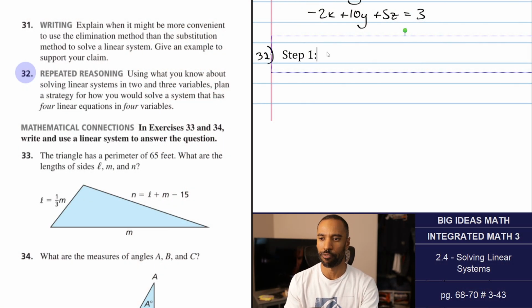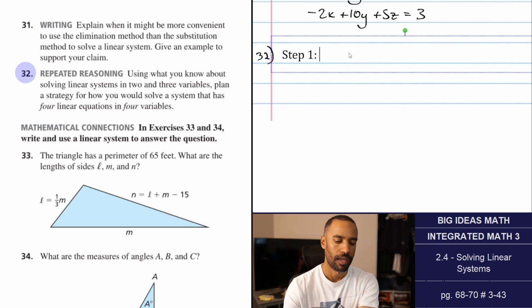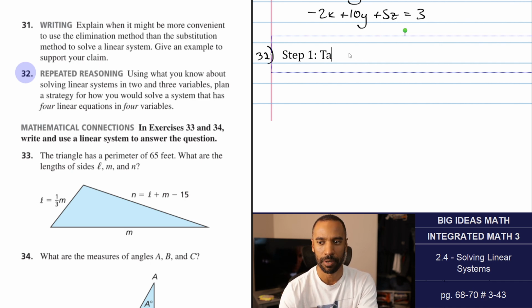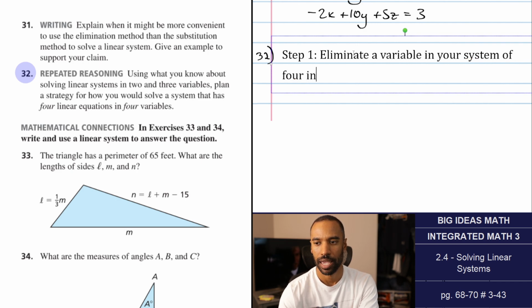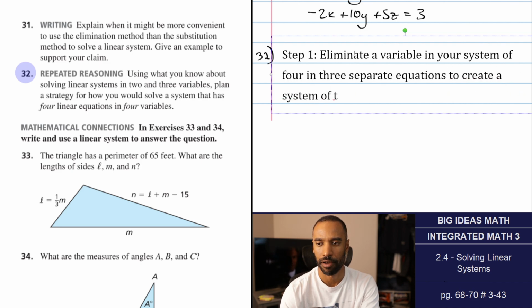So I don't know if I want to say step 1 and stuff, but my strategy is basically take my system of 4, and turn it into a system of 3. Eliminate a variable in your system of 4 in 3 separate equations to create a system of 3 equations with 3 variables.